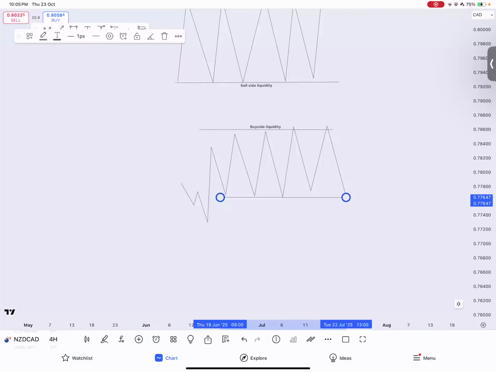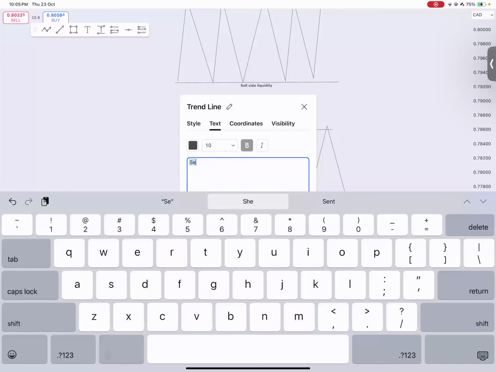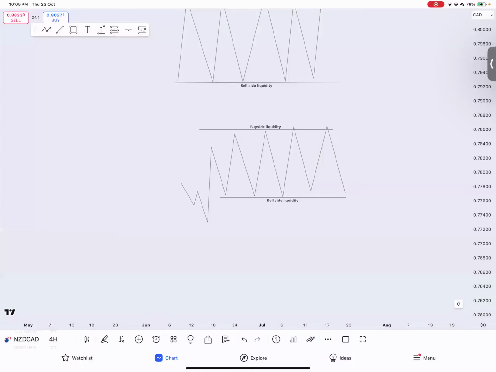This is sell side liquidity. So what market is going to do is that it's going to keep ranging until it takes out liquidity on the opposite side of where it's meant to go to.